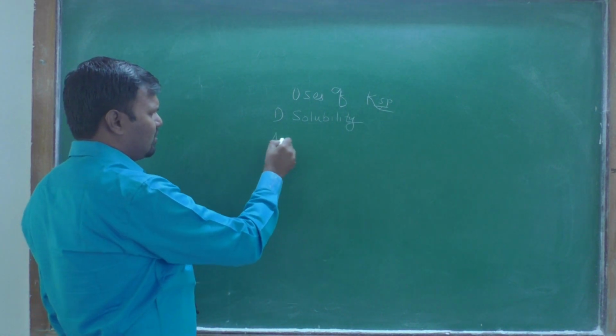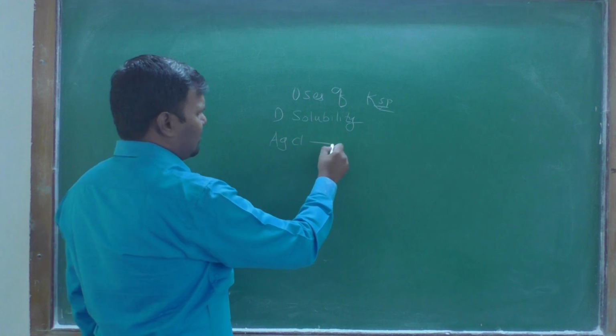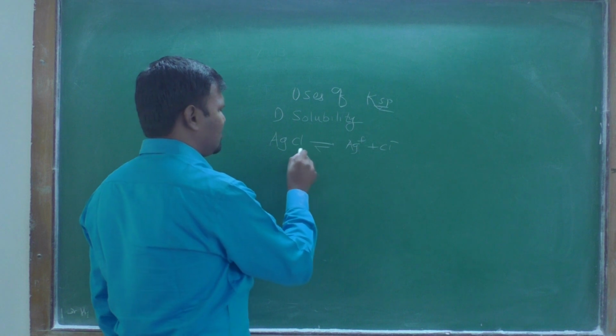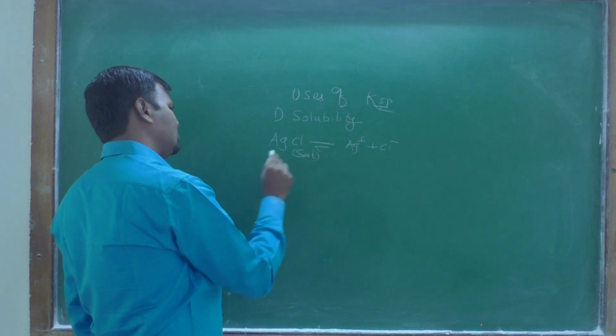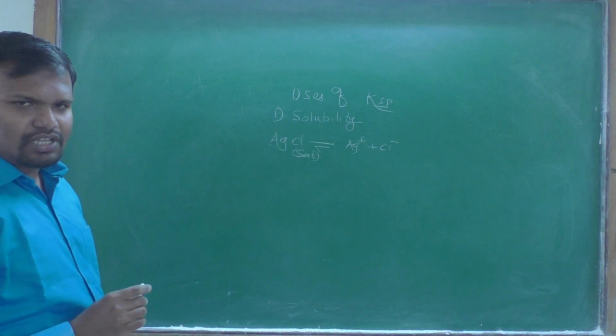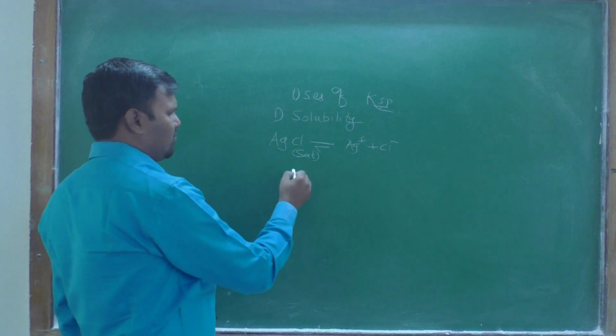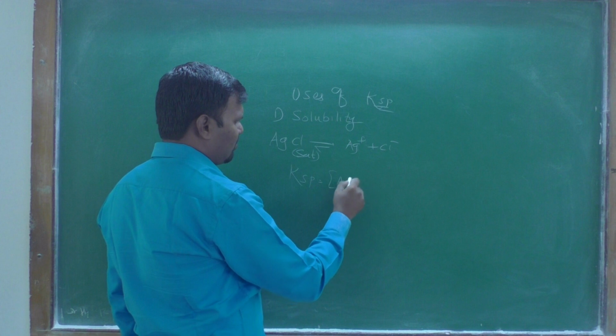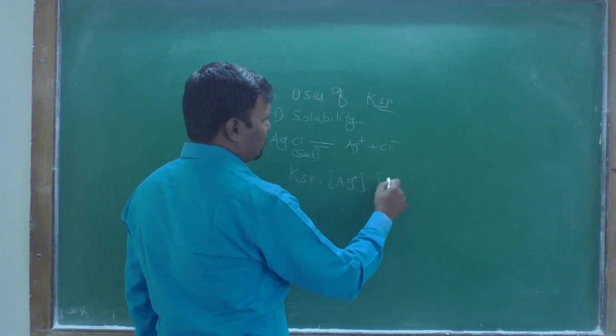Suppose we have the salt AgCl, it dissociates into Ag plus and Cl minus, that is saturated. For the KSP, AgCl should be in the saturated condition. Therefore KSP is the concentration of Ag plus times the concentration of Cl minus.